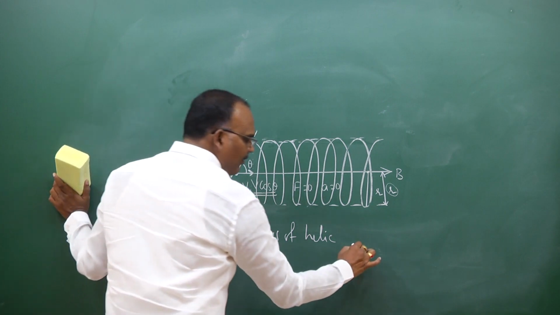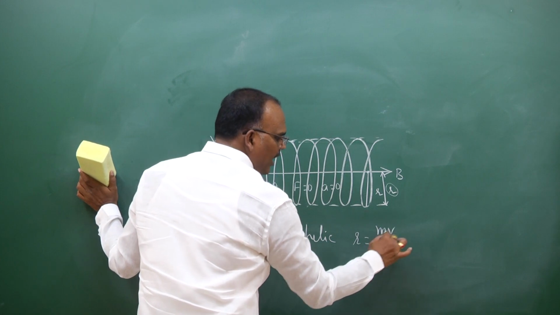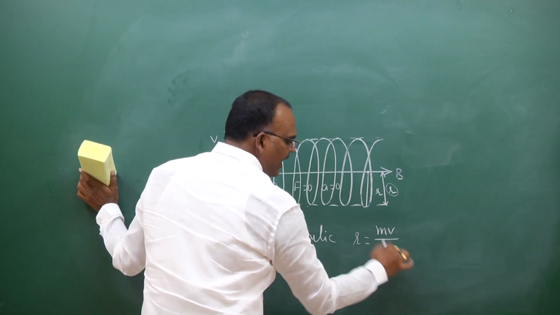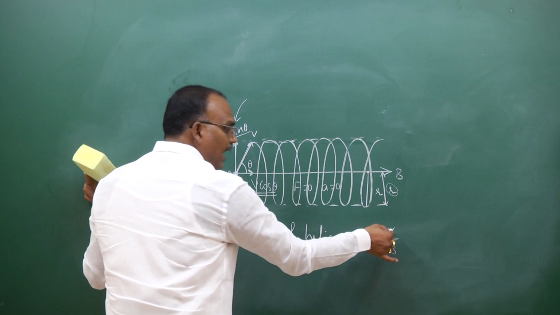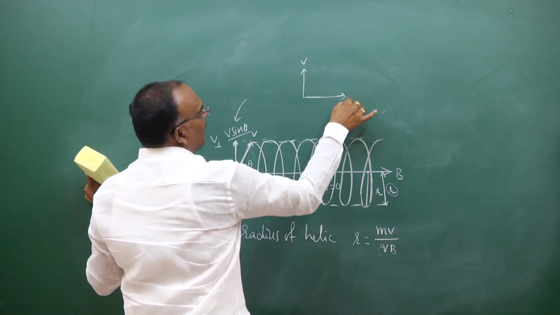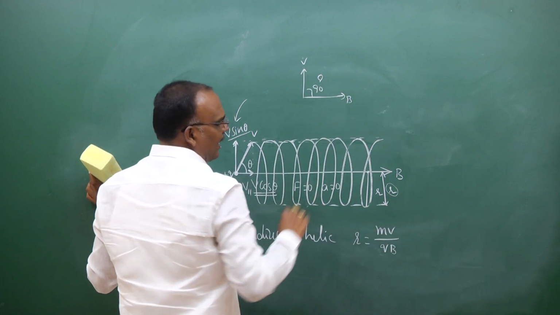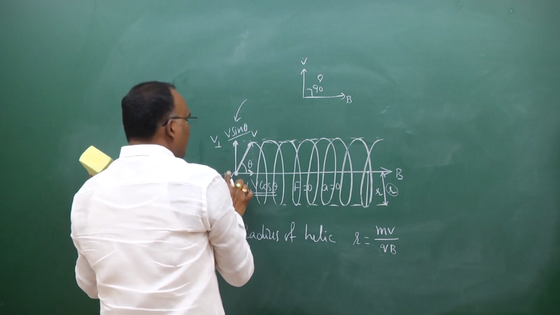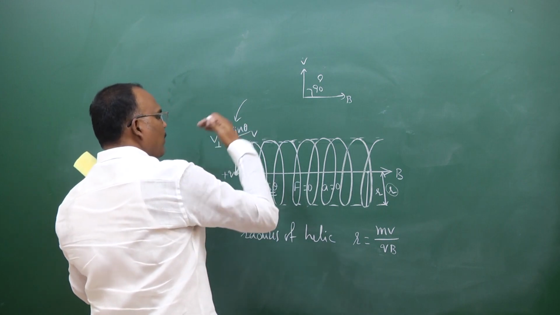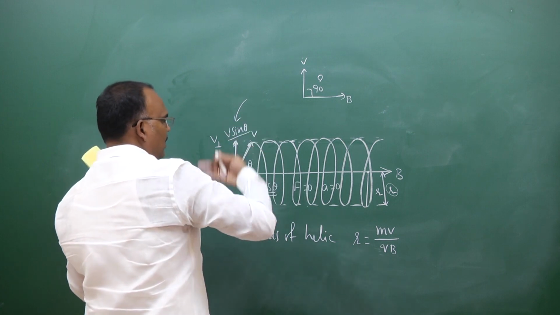The radius of the circular path we know is mv by qB. This we have already studied. But there the velocity of projection itself was making an angle of 90 degrees, so we got v directly. Here the perpendicular component is responsible for the circular path.